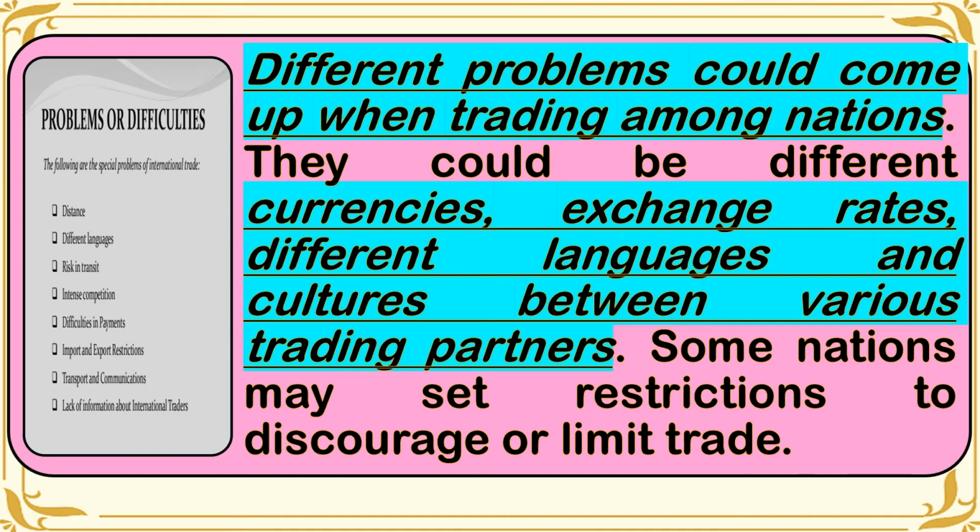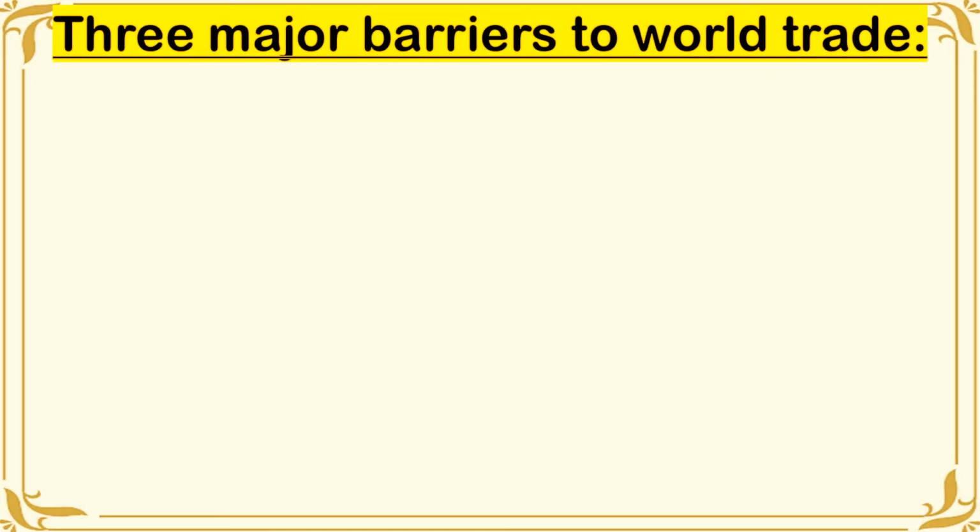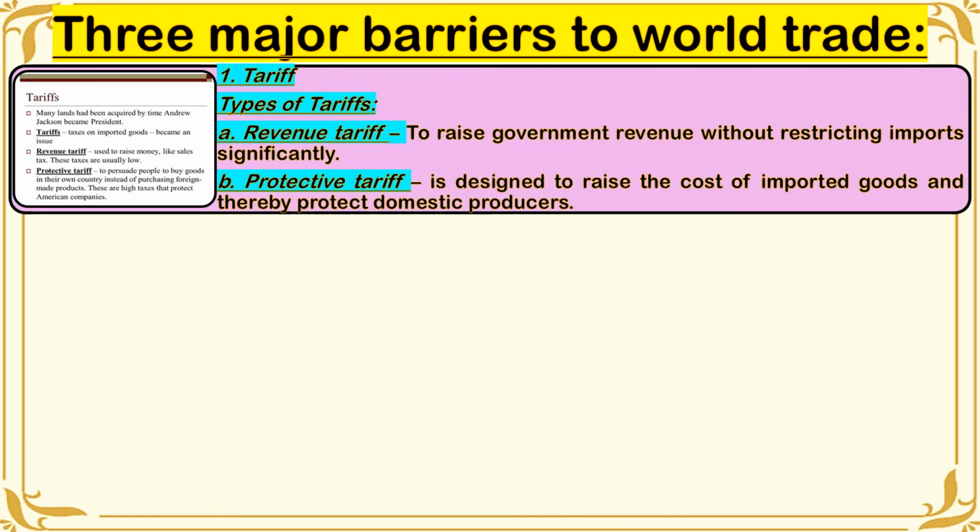So some nations may set restrictions to discourage or limit trade, or worse, to make an embargo between countries. So, class, there are 3 major barriers to world trade. Let's discuss the first one, which is tariff.